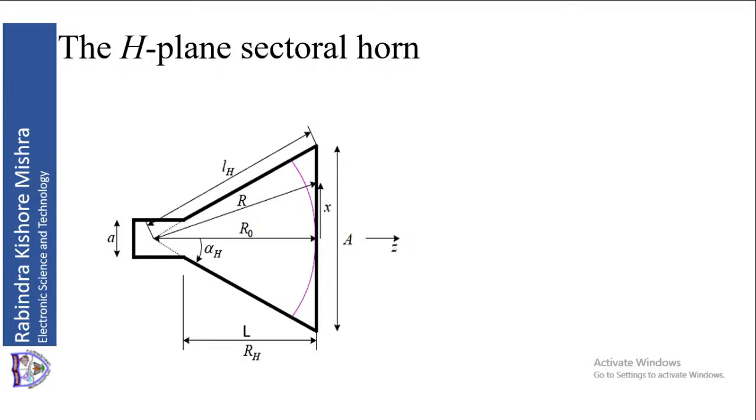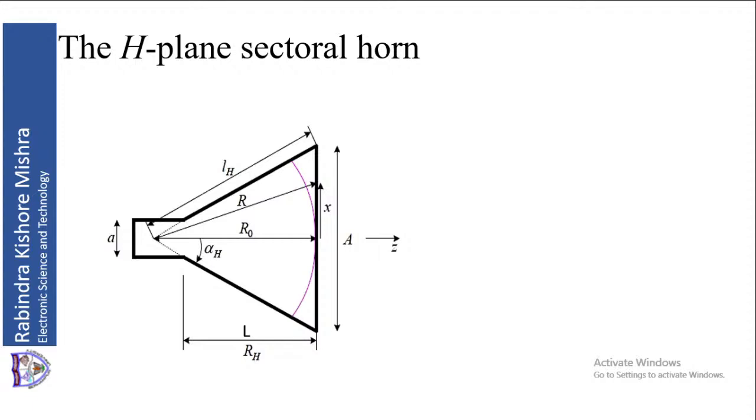Then you multiply by R0, so it will be R0 plus 1 by 2 X square by R0 square times R0. One R0 cancels with the numerator, so it will be 1 by 2 X square by R0, then plus R0.